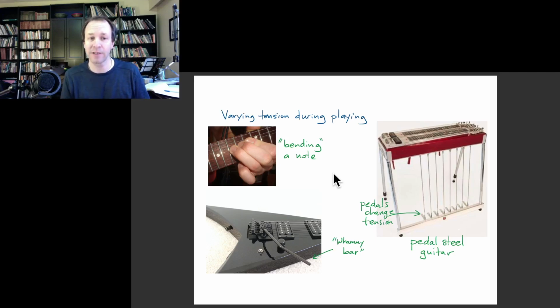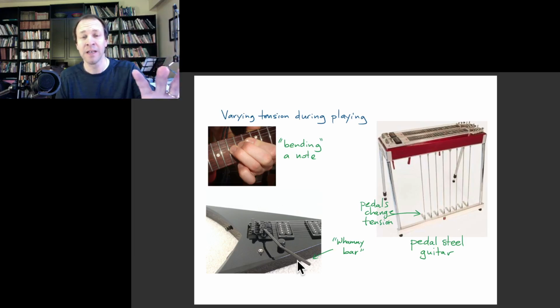There's a greater tension force, and so then that note gets higher, so the frequency goes up. On an electric guitar, there's an accessory that is sometimes called a whammy bar that basically, again, just changes the tension of your strings, and so it allows you to adjust the frequency of the note.